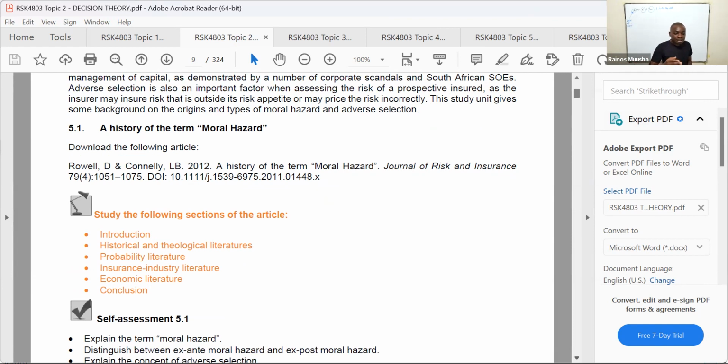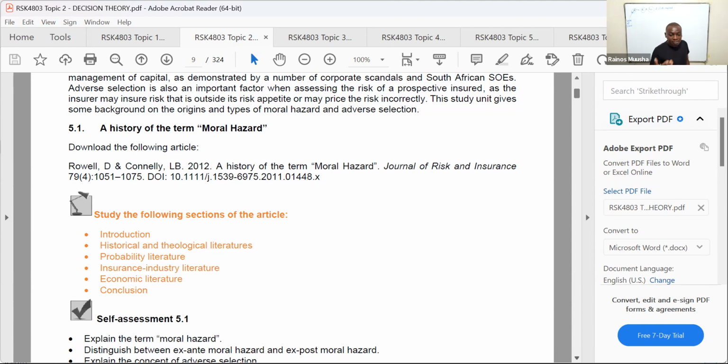So moral hazard comes in from the perspective where the moment the insured knows that they have an insurance policy that is catering for them, so that in case of a risk event they are going to be covered by the insurer, they become negligent, or they don't put in place measures to ensure that they don't suffer from a loss as well.